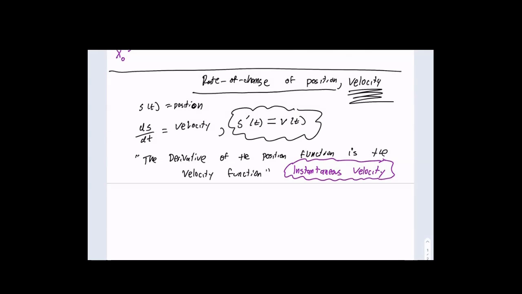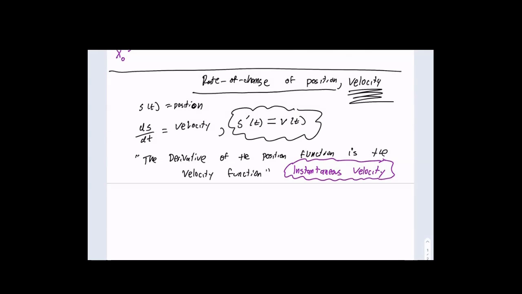For example, if I said your position function was 5t plus 3, the derivative of 5t plus 3 would just be 5. And so the velocity would be 5. That has constant velocity. In 9th grade physics, you always worked with constant velocities.